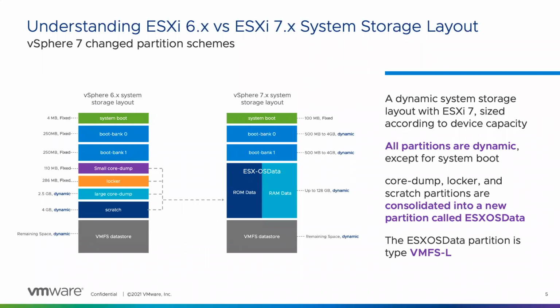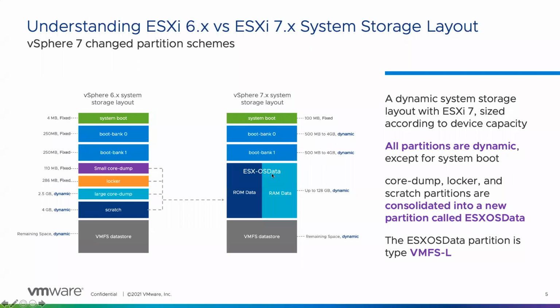So if you look at the boot bank partitions, your boot bank 0 and boot bank 1 start from 500 MB and can go up to 4 GB, right? So it totally depends on the boot media that you are using for the ESXi host to run on, right? Depending on your boot media capacity, the partition size differs. So in the case of boot bank, it basically scales from 500 MB to 4 GB.